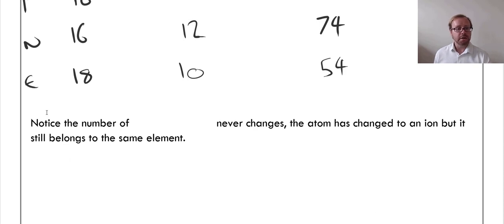Okay, so notice that the number of protons never changes. The atom is changed to an ion, but it still belongs to the same element, and that's what we were talking about previously. If we change the protons, then we change the atomic number and we change the elements.